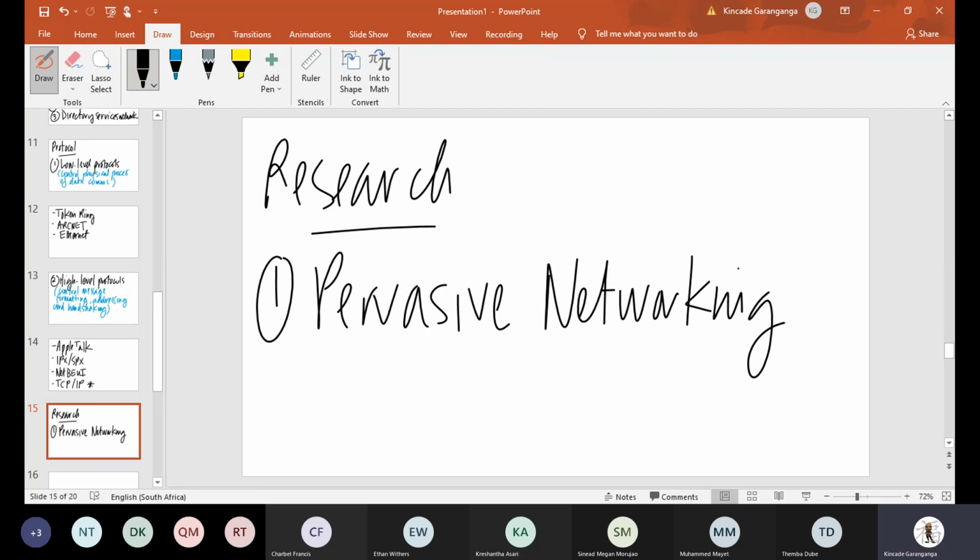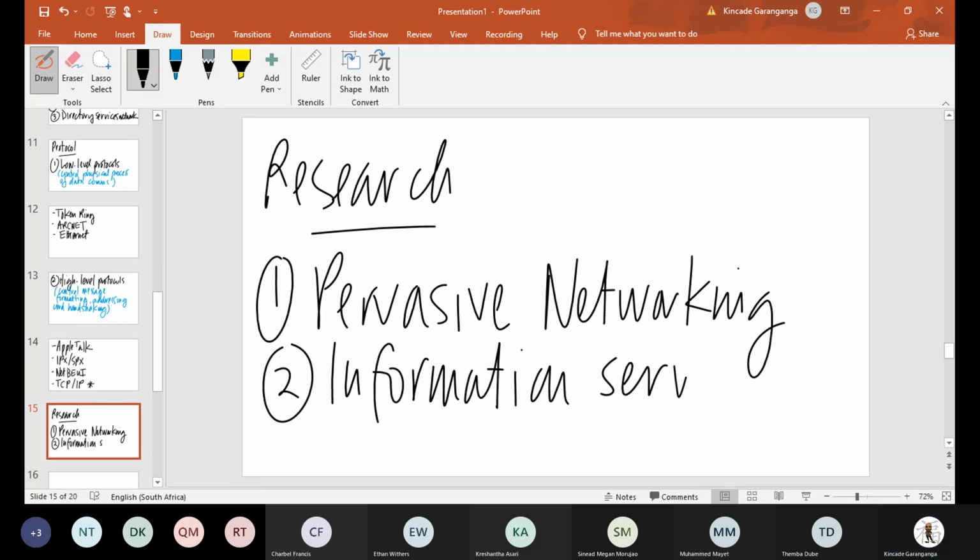And then also look at information services, and possibly VPNs.